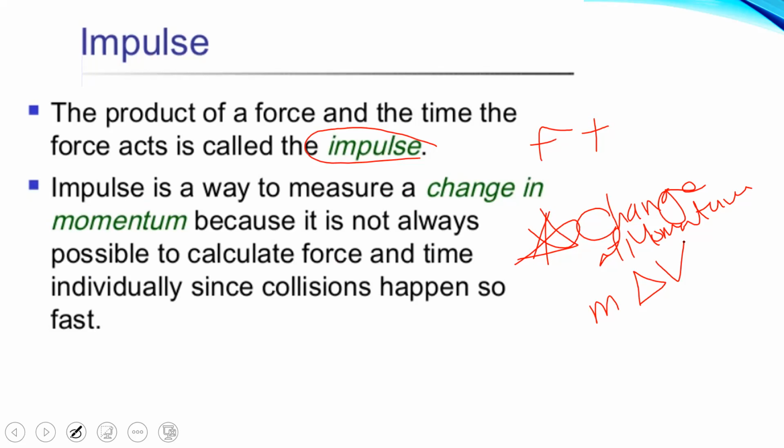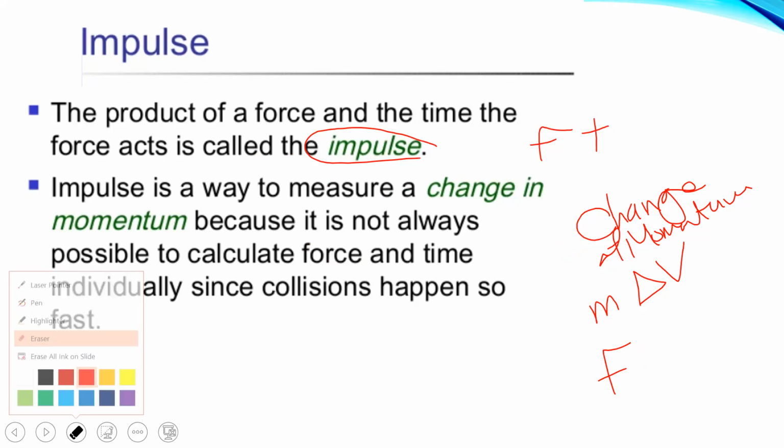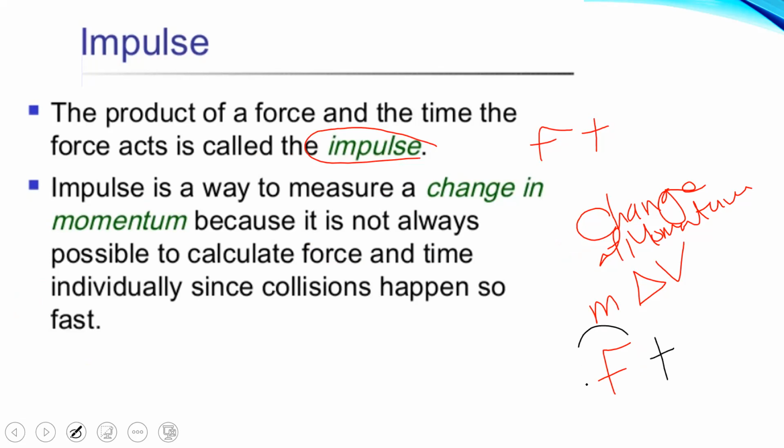As an example, I'm moving at 60, suddenly it comes to 0. So I can measure the change in velocity. It's easier for me to find the change of momentum. And sometimes I can measure the applied force to find the change of momentum.